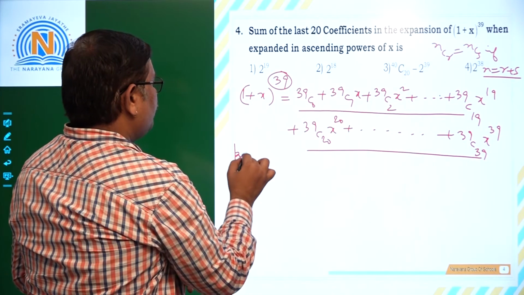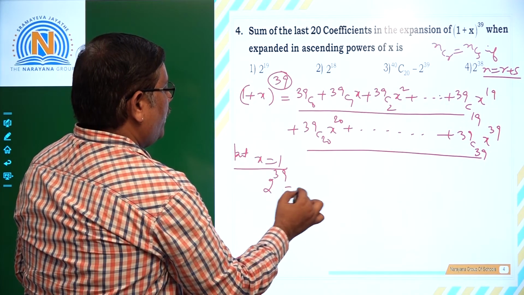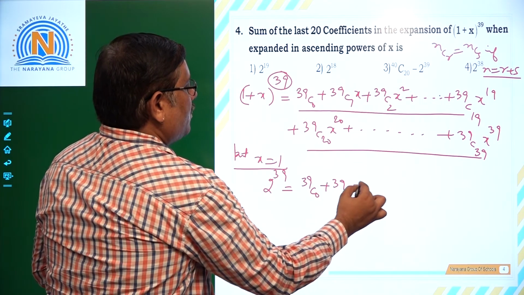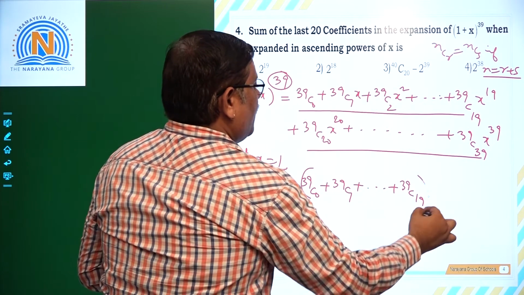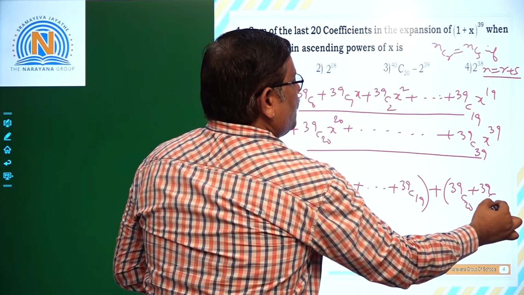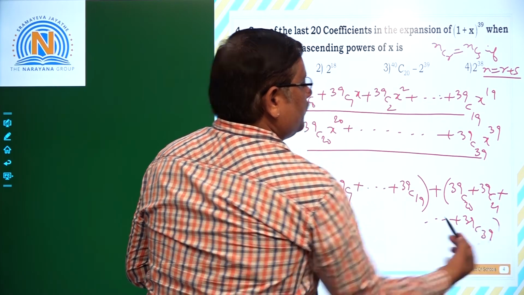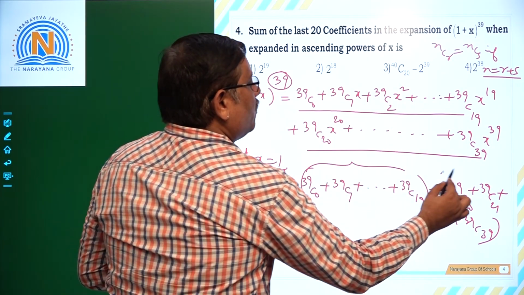Put x = 1. If you take x as 1, 2^39 is going to be 39C0 + 39C1 + so on + 39C19, this is one set, + 39C20 + 39C21 + so on + 39C39. Just now I told you, the sum of all these values will be equal to these values.